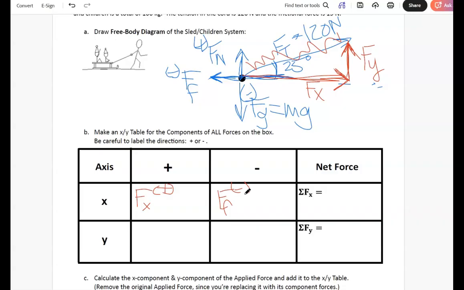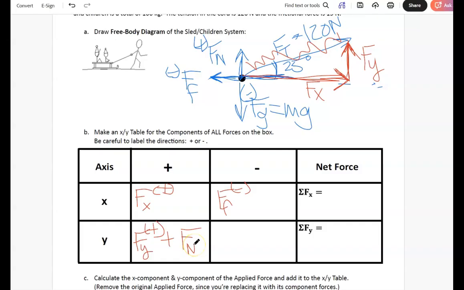The vertical forces, we have more than our usual weight and normal force. We have three things to deal with now. In the upward direction, that's the positive direction for vertical, we have the Y component of the tension force, which is in the positive direction, but we also have the normal force.